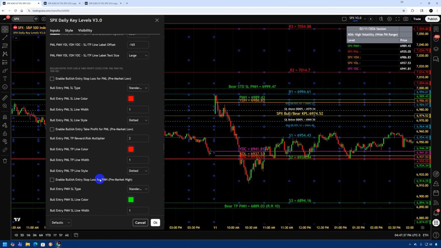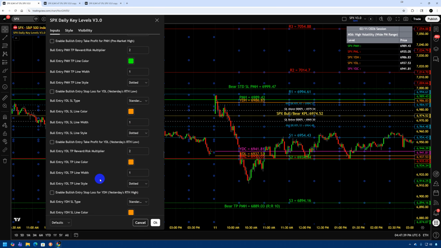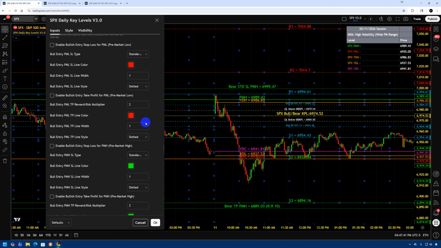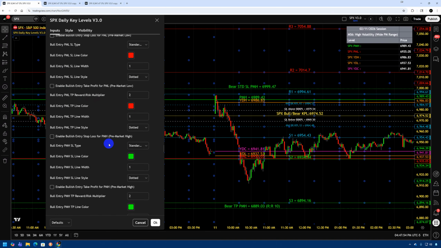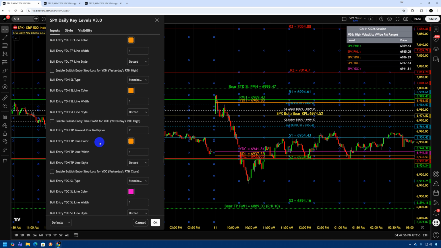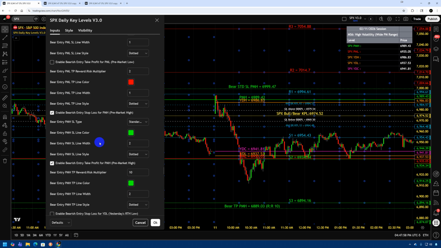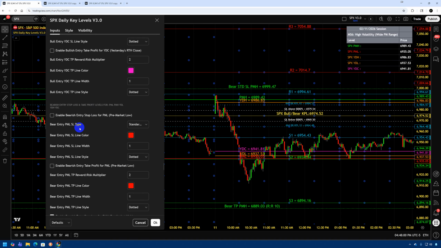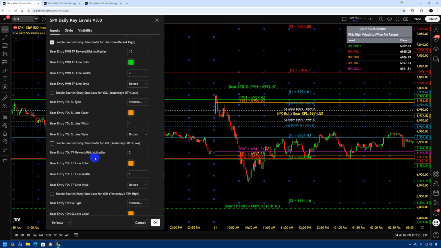So you have to individually look at which ones you want to turn on. Each one is the stop loss followed by the take profit for that level. So here's PML stop loss for a bullish entry followed by bullish entry take profit for PML. And the same thing for each level. Then when you go into the bearish section, same thing.